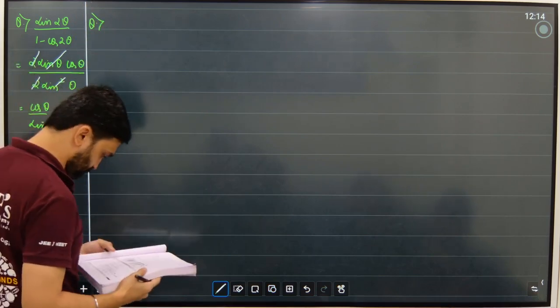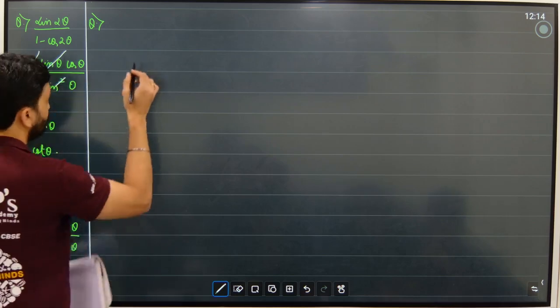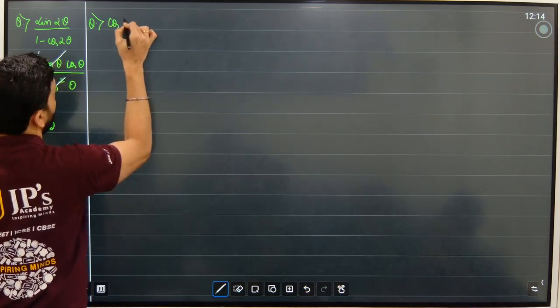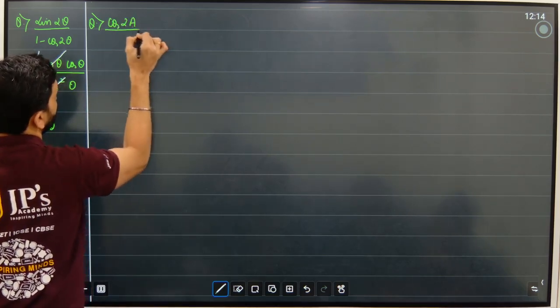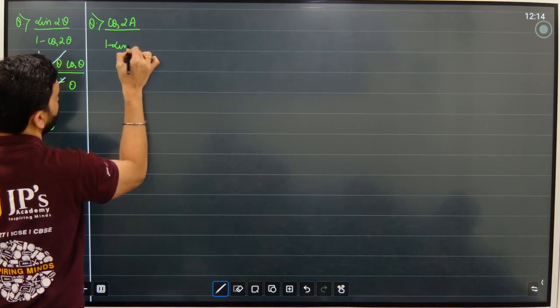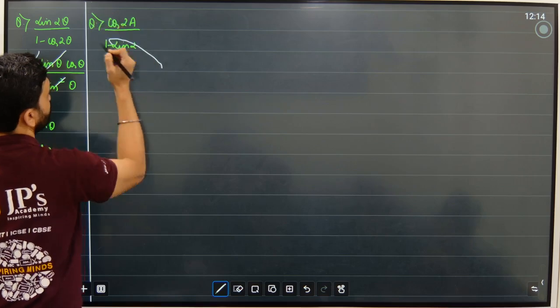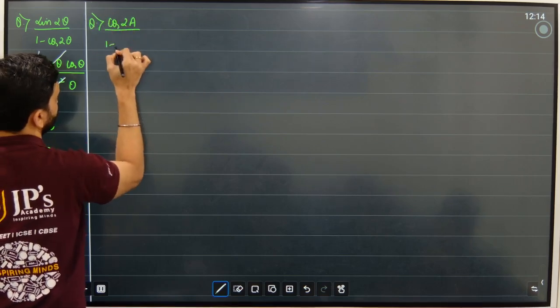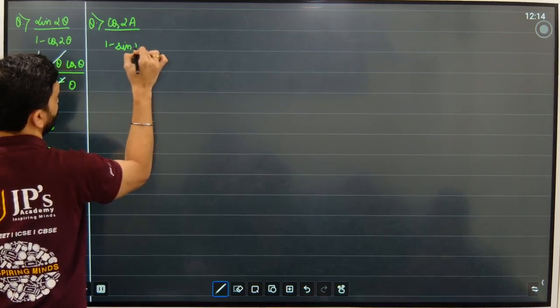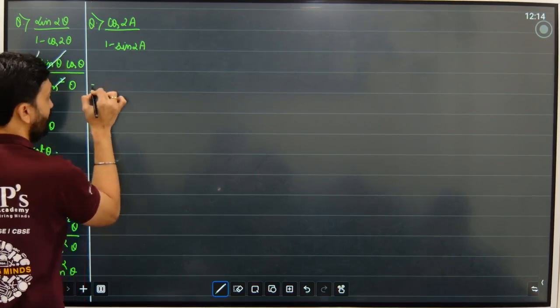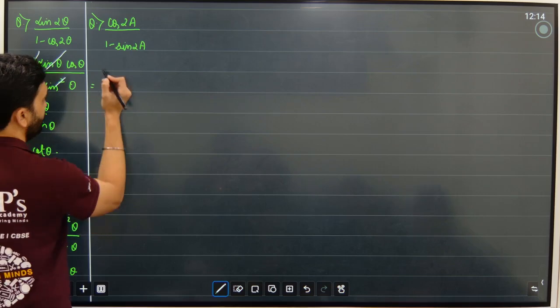The next question, if I have to solve, cos 2a upon 1 minus sin 2a. Now this is a good question. I have the formulas. First I'll write the denominator.